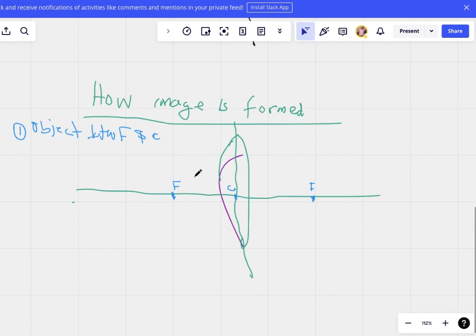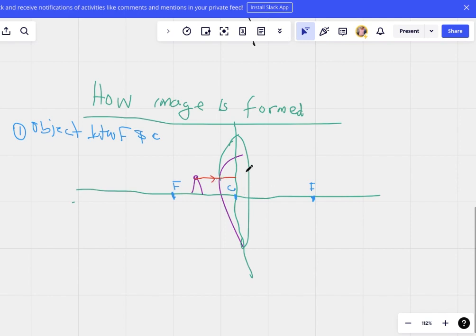Let's say the object is a candle light and produces some light rays, and this light ray travels through this place to hit the optical center. You must show with an arrow that the light ray is traveling towards the lens.